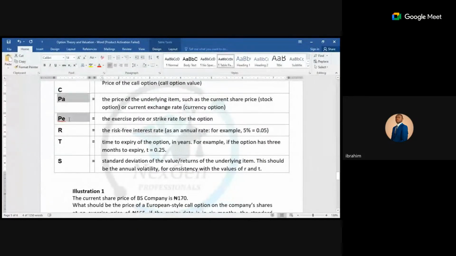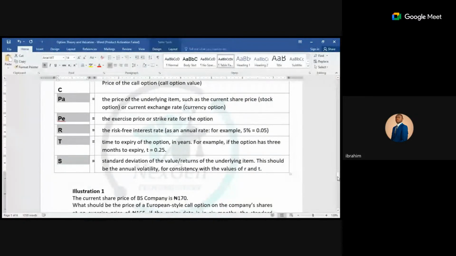Can you see the 5 variables? These same 5 variables are the variables that affect the option pricing, or the Black-Scholes model.